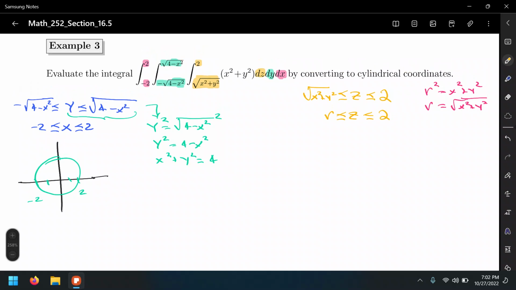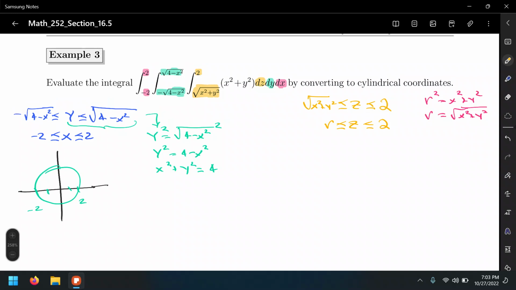What about the next variable, which in this case is going to be r? r varies between 0 and 2, and the angle theta, because we're going around the entire circle, varies between 0 and 2 pi.